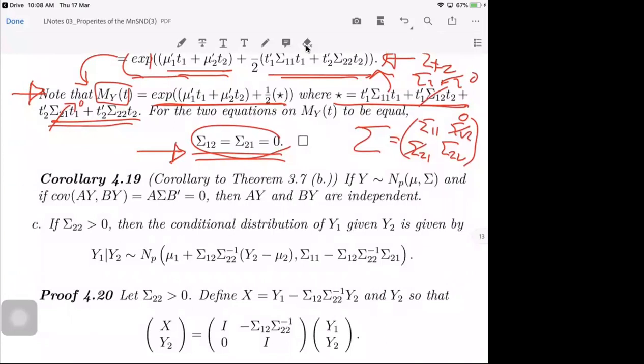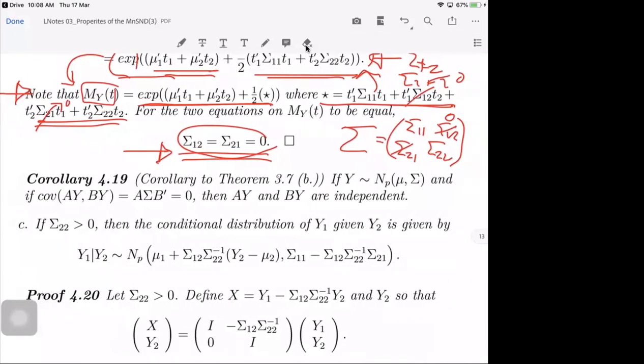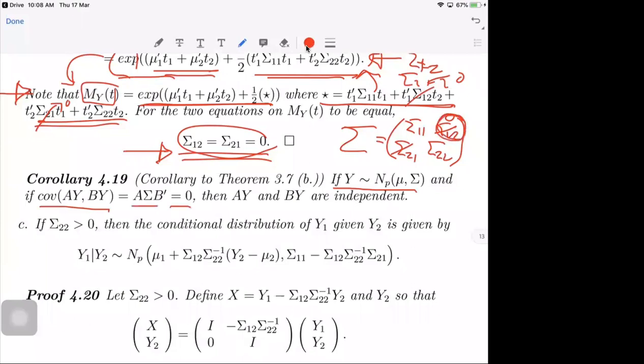Next, as a corollary to Theorem 3.7b, ang giingon din, so if Y is normal, na kay Y na normal, man ang covariance sa AY, BY, which is actually this part here, is 0, then any transformation sa AY and BY are also independent.